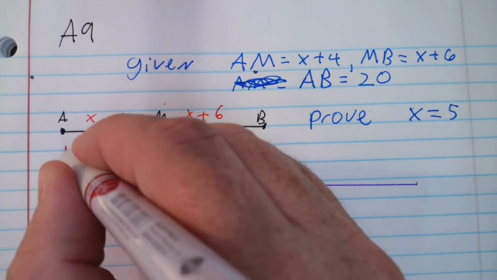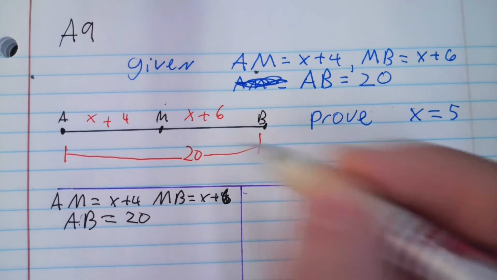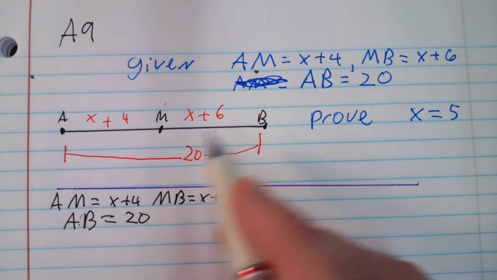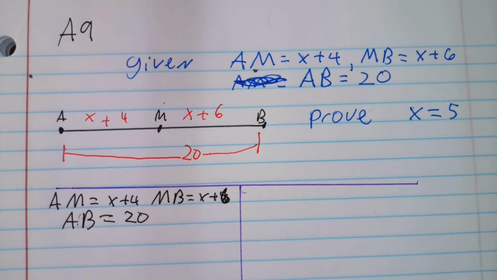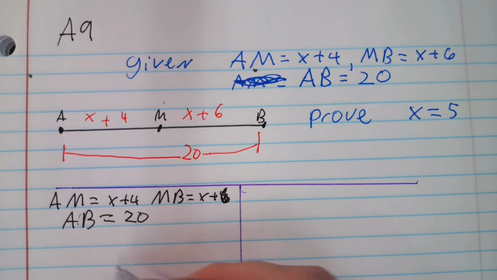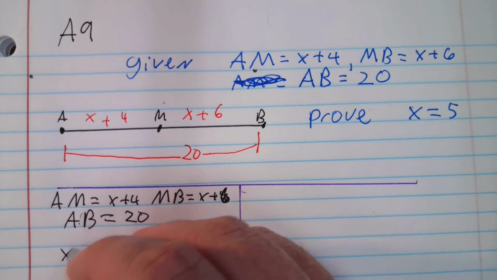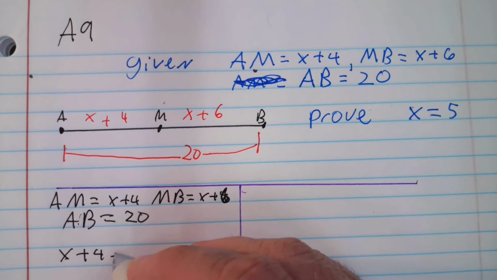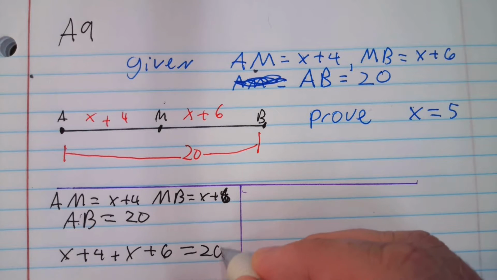And of course, I think we've seen problems like this before, yes? What did we call this before? Segment addition postulate. Okay, and in fact, this is how we would work this problem before, right? We would do this. Is that true?